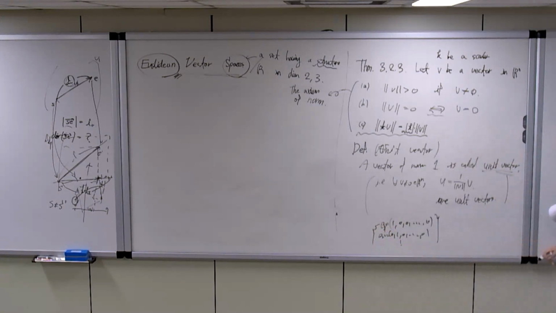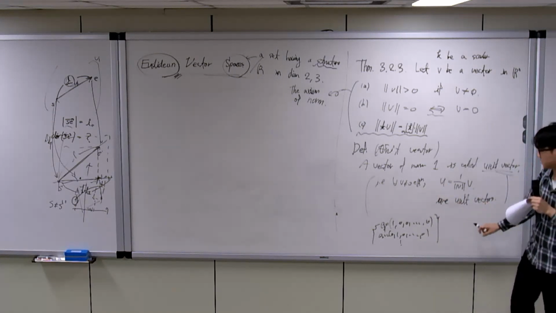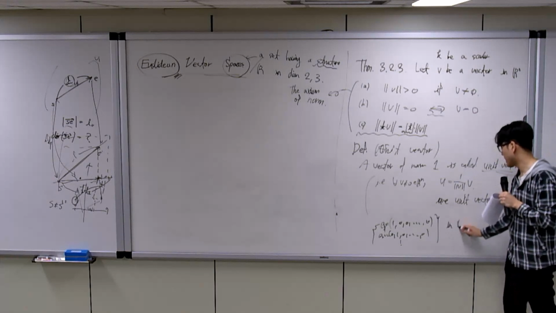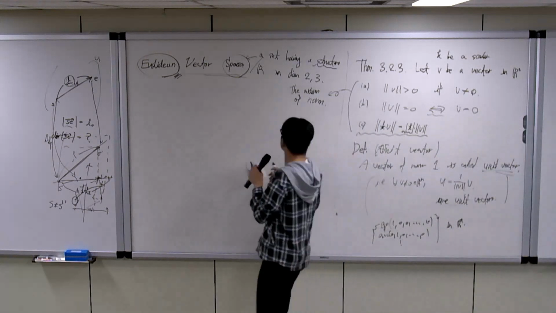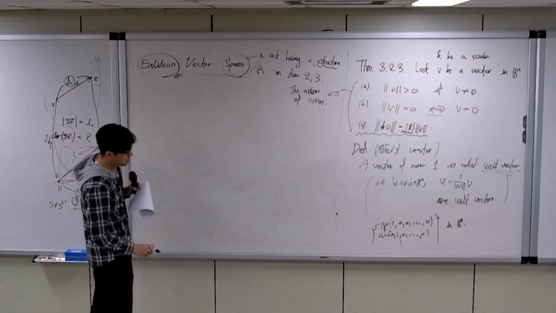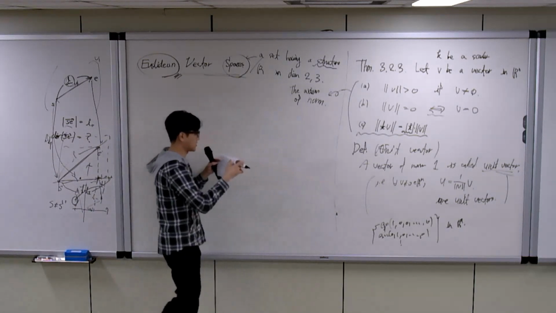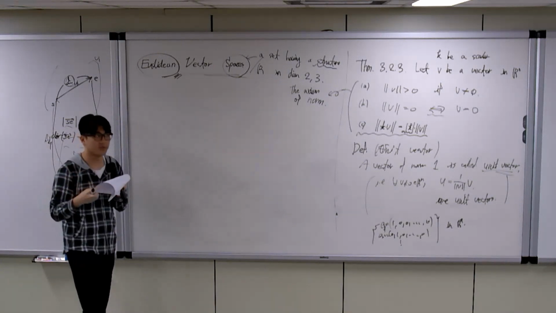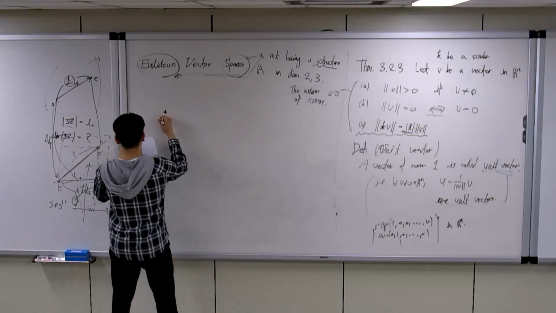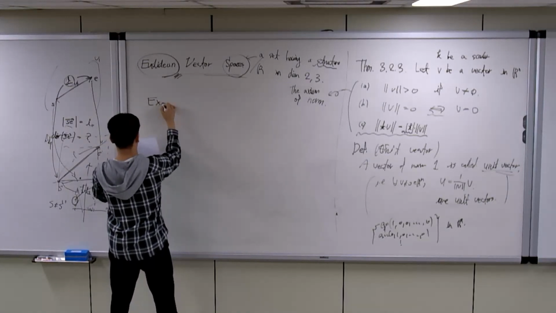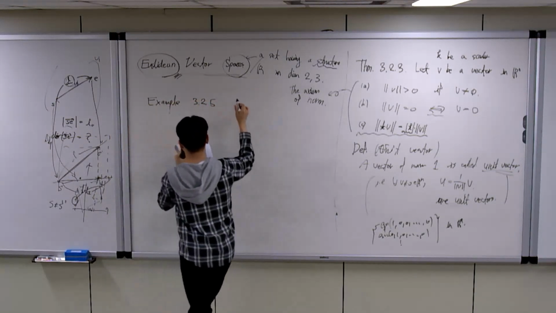The collection of these is the standard basis in R to the n. We used this notation in chapter 1. And so the unit vector gives some convenient notation to express the vector v. So let me give an example and let me calculate them.